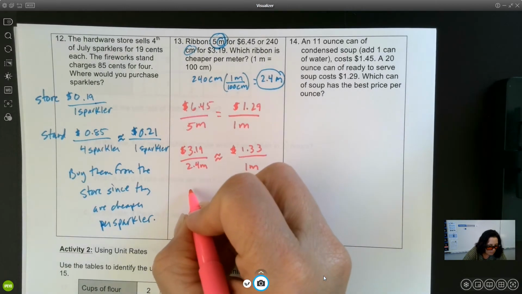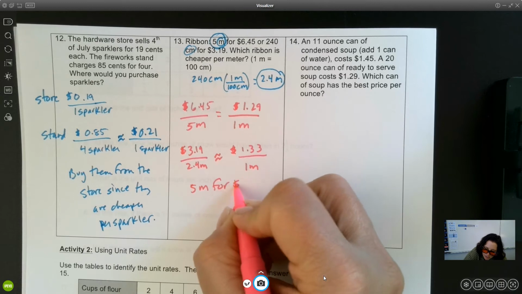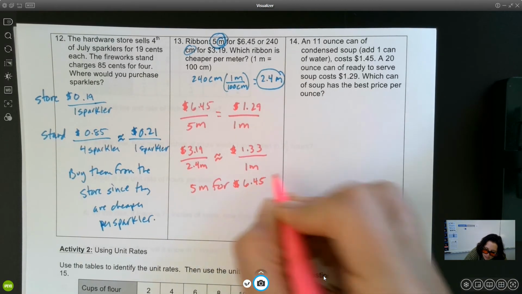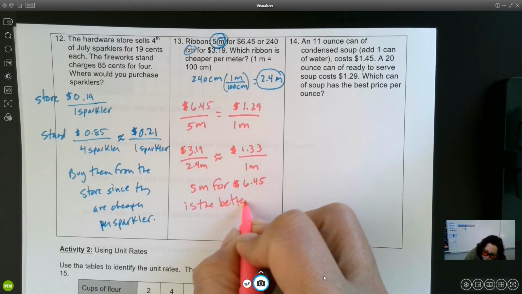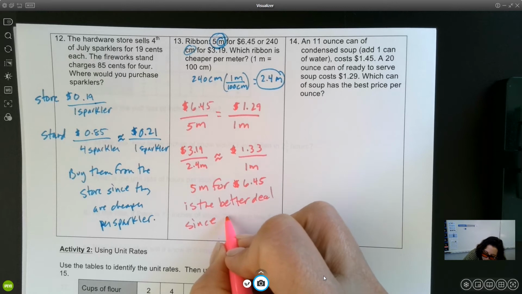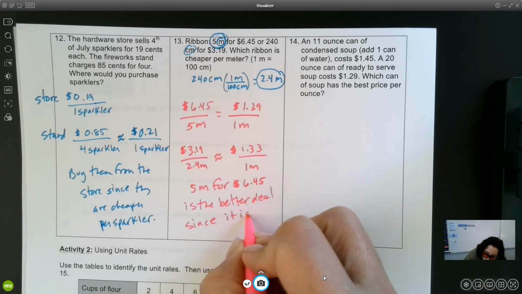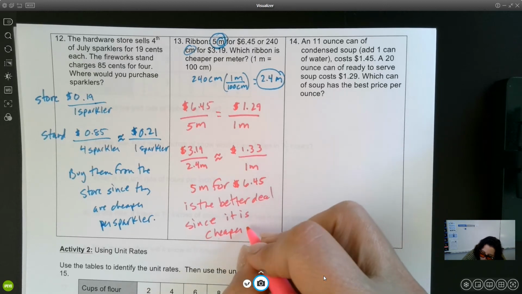Okay, so 5 meters for $6.45 is the better deal since it is cheaper per meter.